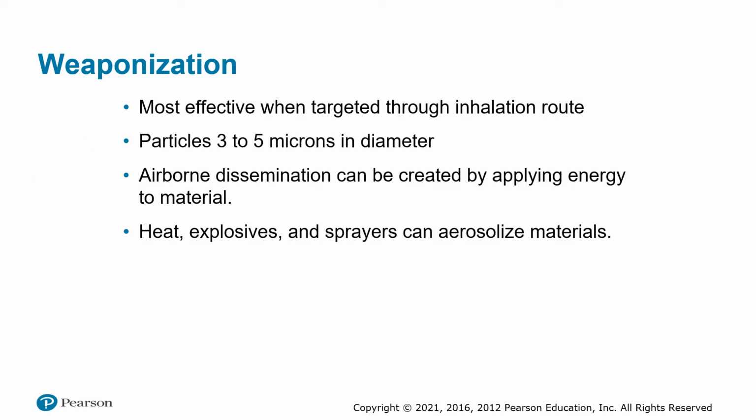Weaponization is most effective when targeted through the inhalation route. Particles 3 to 5 microns in diameter can easily pass through the respiratory system. Airborne dissemination can be created by applying energy to a material, like an explosive or compressed air.